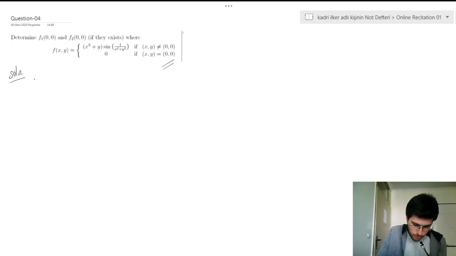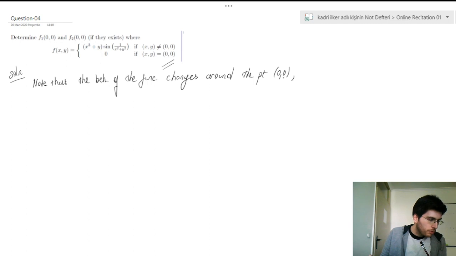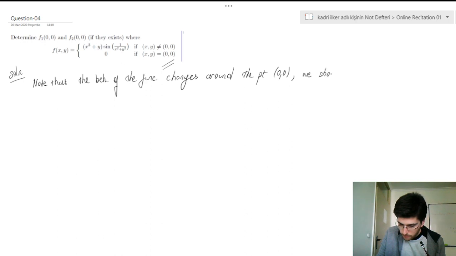So note that the behavior of the function changes around the point 0, 0. So we should use the definitions.